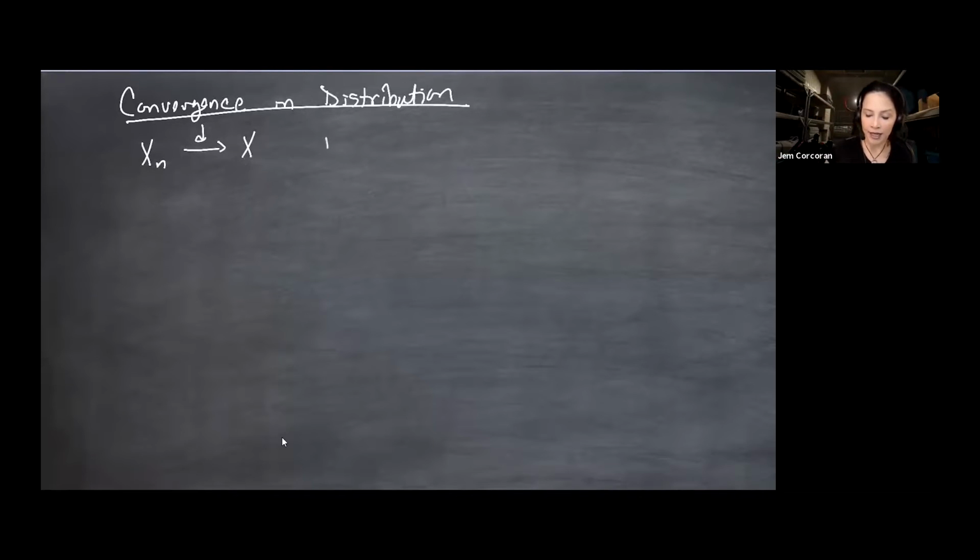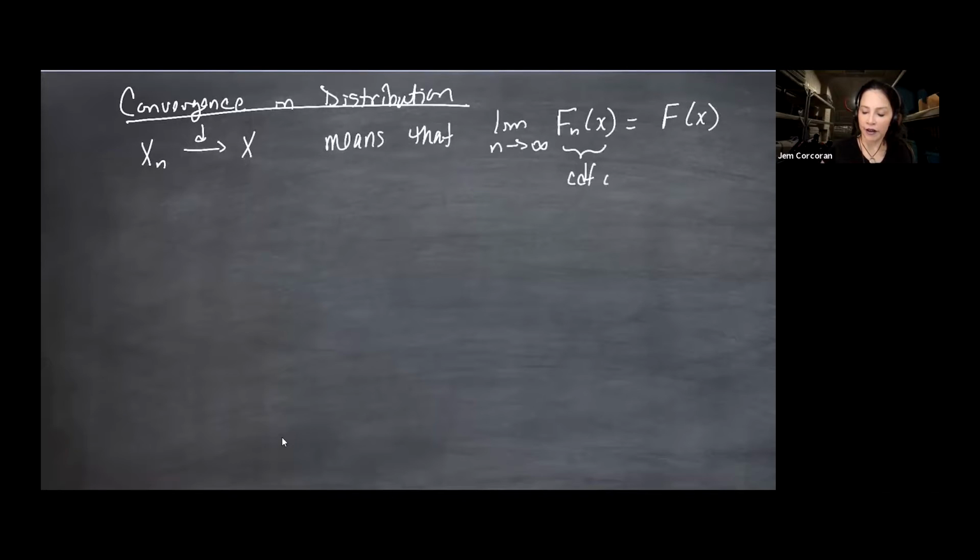Okay, so this means that the limit as n goes to infinity of F_n(x) is equal to F(x), where F_n is the CDF of X_n, and F(x) is the CDF of X, and this limit has to hold for all points of continuity of F.